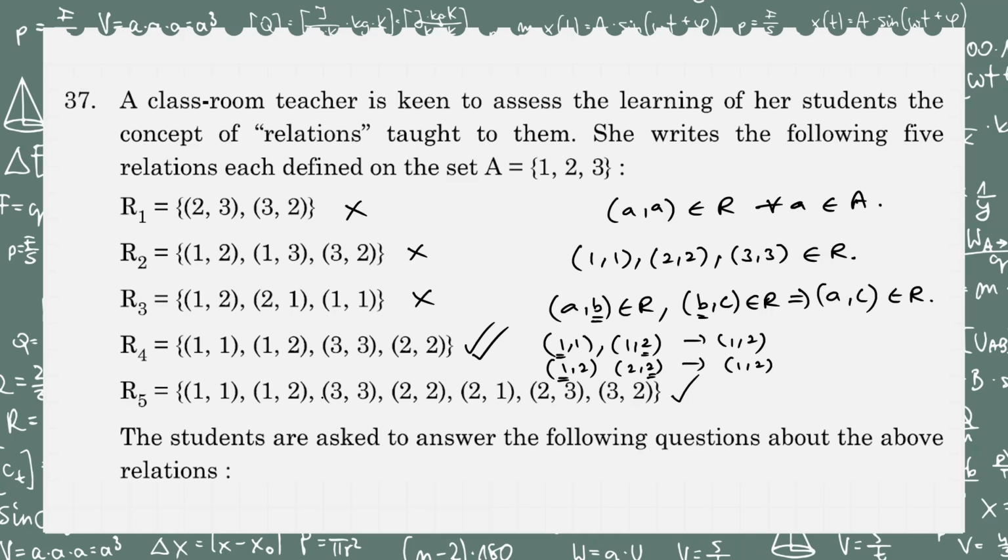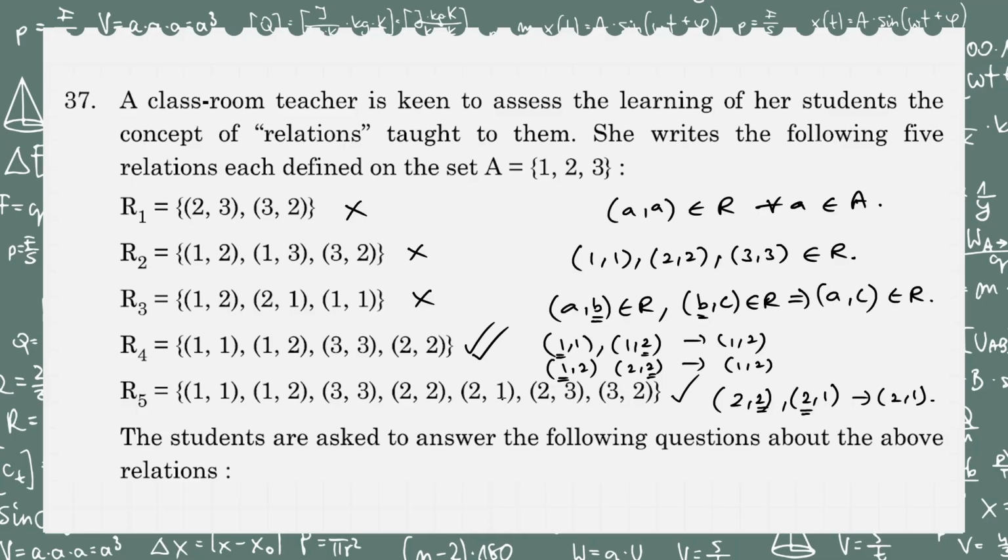Now let us think about R5. (1, 1) and (1, 2) are there. Their combination will give you (1, 2) again, so that is okay. Then (2, 2) and (2, 1): the second entry and first entry are the same, so combining them gives (2, 1), which is already there.